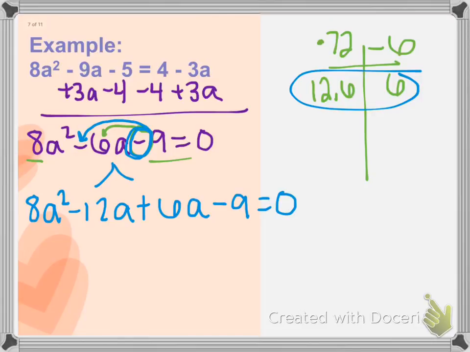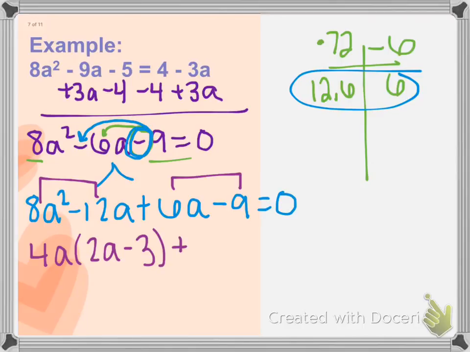Now that I have that, I can factor by grouping. So I group these first two. I can take a 4 and an a, which leaves me with 2a minus 3. Here I can take out a positive 3, but no variables, which leaves me again with 2a minus 3, which is what I want.